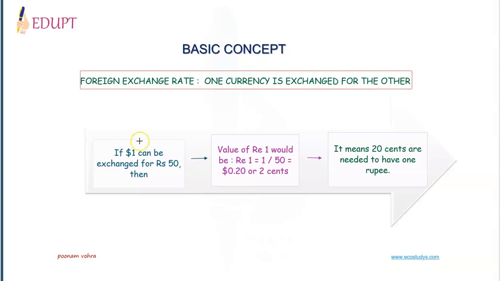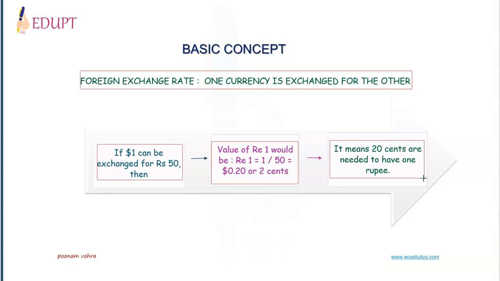For example, if $1 can be exchanged for rupees 50, then value of 1 rupee would be 1 divided by 50, that is $0.20 or 20 cents. It means that 20 cents are needed to have 1 rupee.